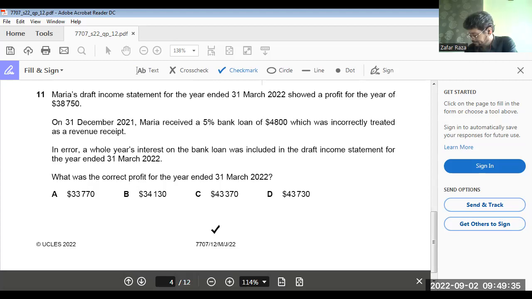So what will happen? Sorry, 38,750 minus 4,800 is 33,950. Now interest also. The 4,800 loan was obtained at the rate of 5%.